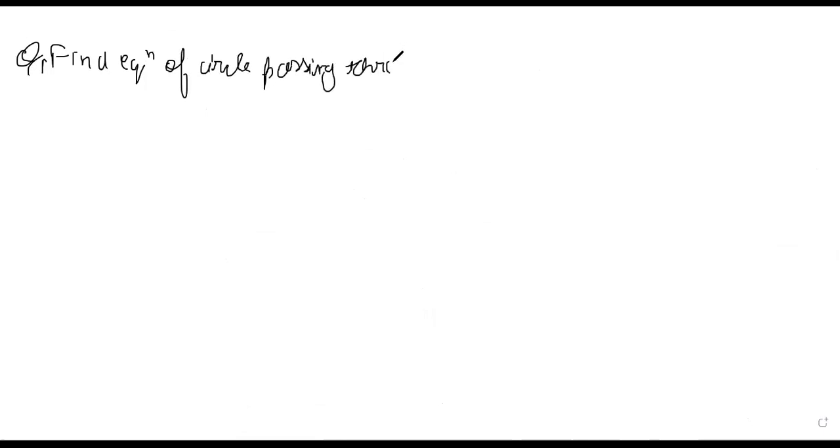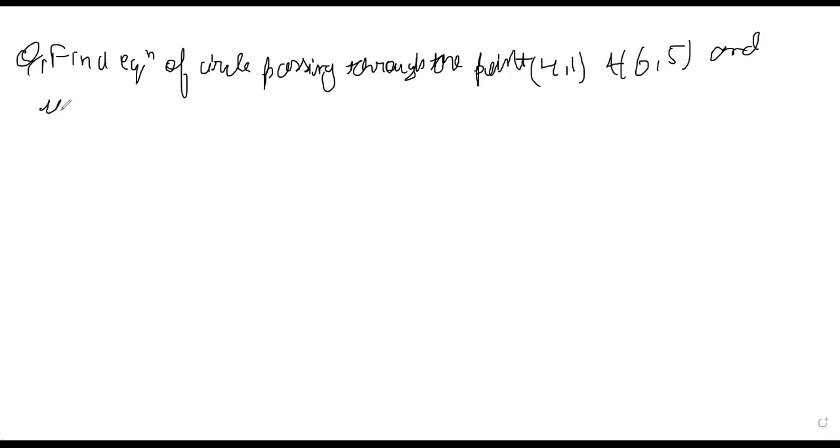There is a question. Find the equation of circle passing through the points 4, 1 and 6, 5, and whose center lies on a line 4x plus y equals to 16.